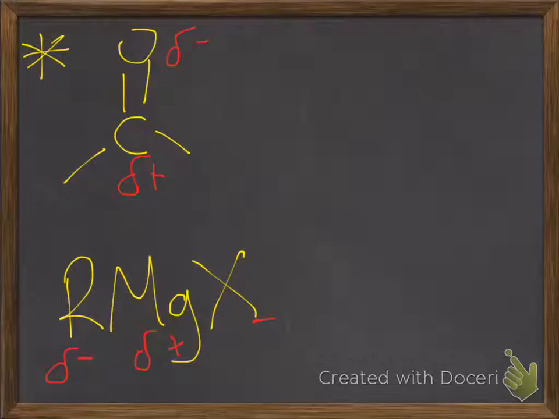That's one reason I say to put the delta minus or negative charge there. The R can do the attacking, and it's going to attack rather than the X. Yes, the X may be negatively charged, but it's happy. Remember, chloride, fluoride, iodide anions are relatively happy being negatively charged. That's the salt anion. The R does not like being that way; it wants to be fulfilled. So what is around that's delta plus that it can attack? The carbon of the carbonyl group.